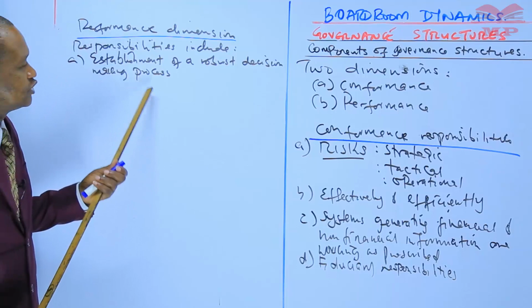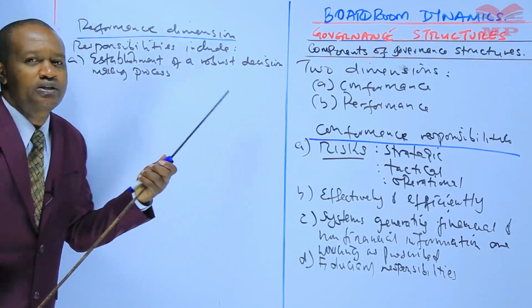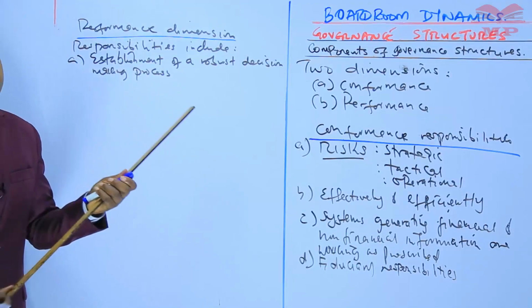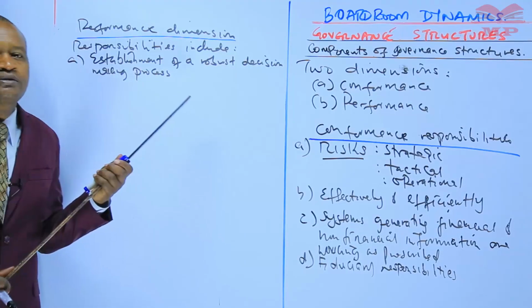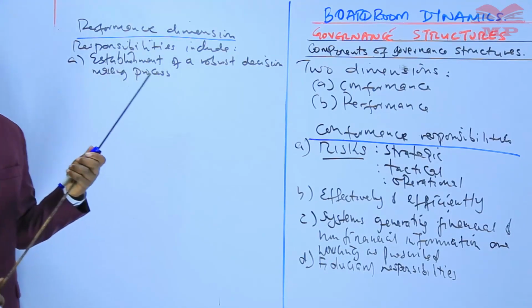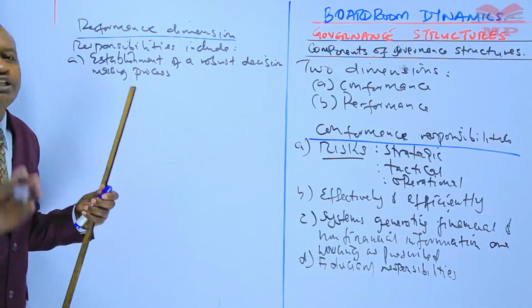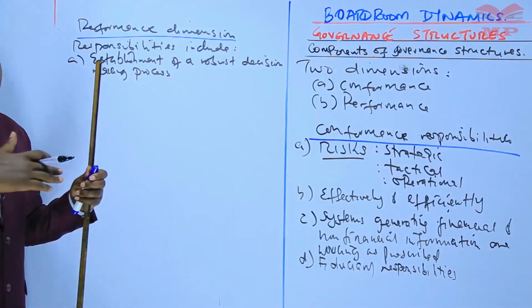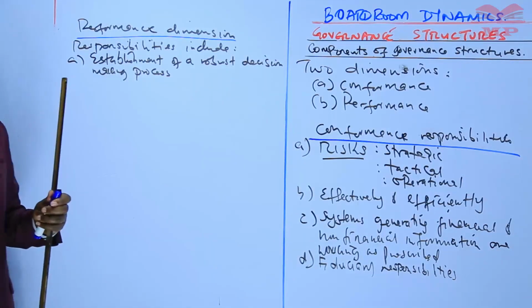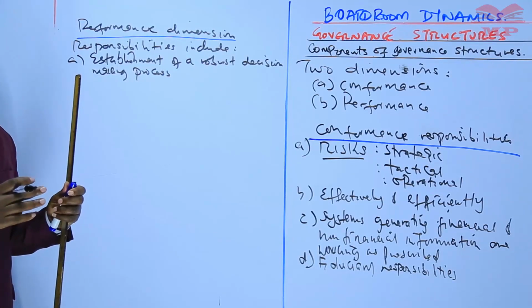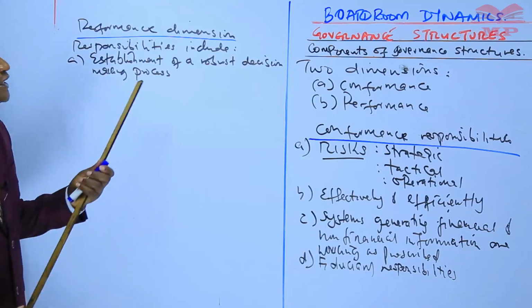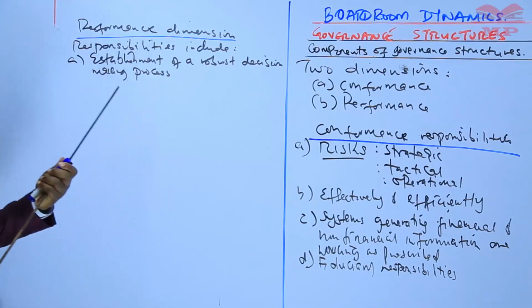And this decision-making process has to include determination of risk appetite. Because the oversight of strategy implementation and evaluation of the strategy is relevant for any success of a business.